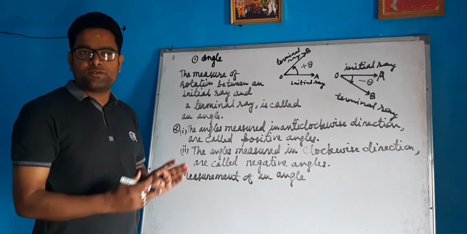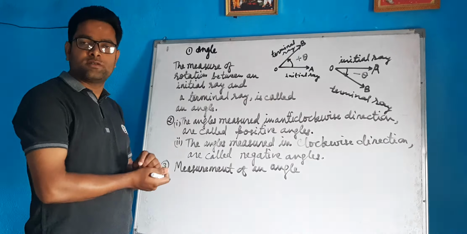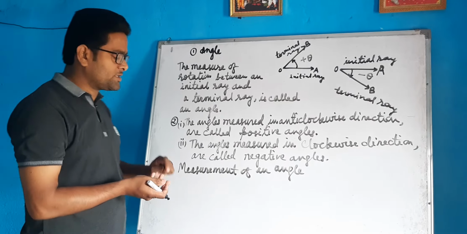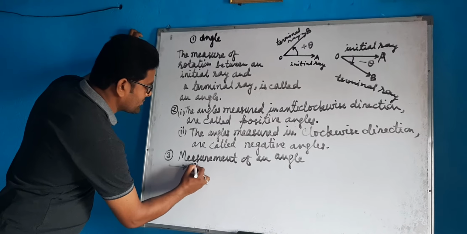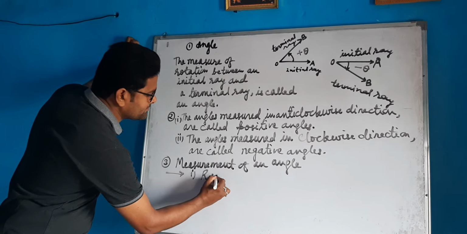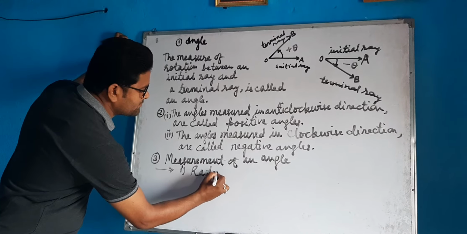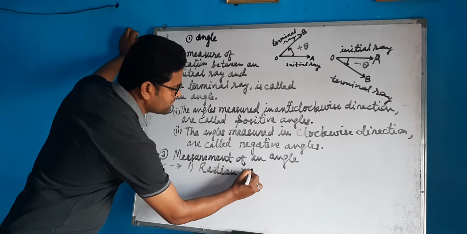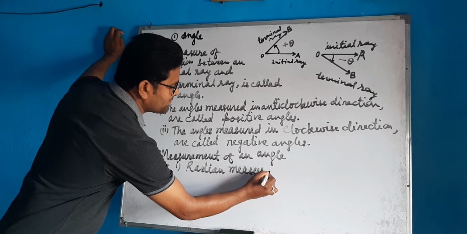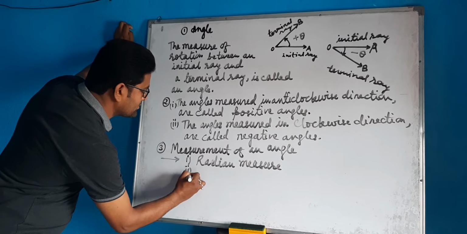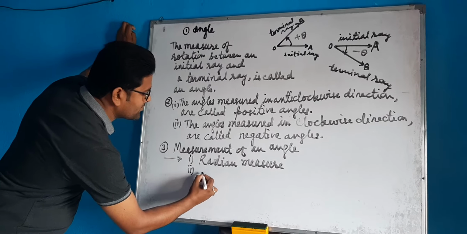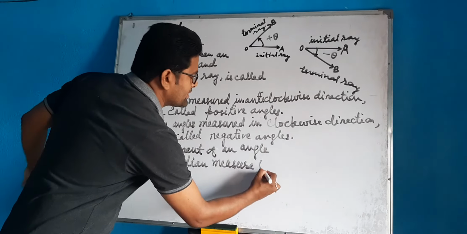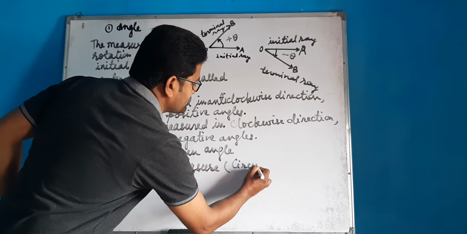Basically, we will use two methods of measurement here. The first one is radian measure, also known as the circular system.